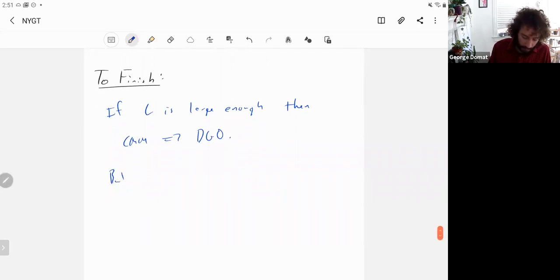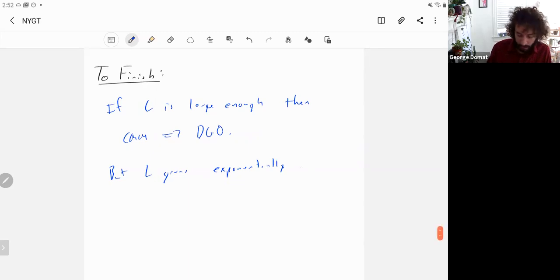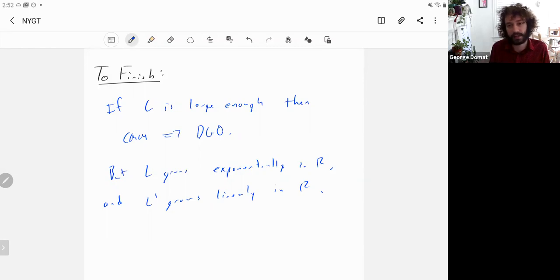But L grows exponentially in R. And now this is why I pointed out that theta depends linearly on R, and L prime grows only linearly in R. Really, L prime depends on the projection constant, and our projection constant depended on the R that we used.